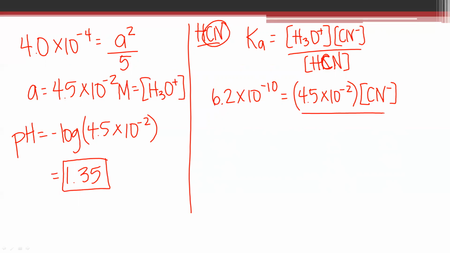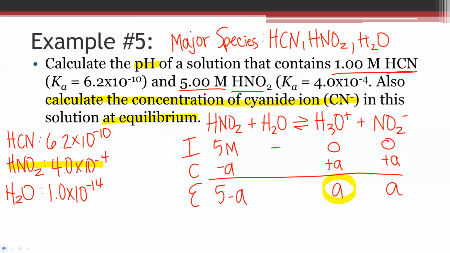But now the denominator. We didn't do an ice chart to solve for what it should really be for the change with the HCN. But I said this before, when you have a weak acid, a majority of it is not going to dissociate. So we can make an assumption, since we've already assumed some other things, that in the original problem we were given that the concentration of the HCN is 1 molar.